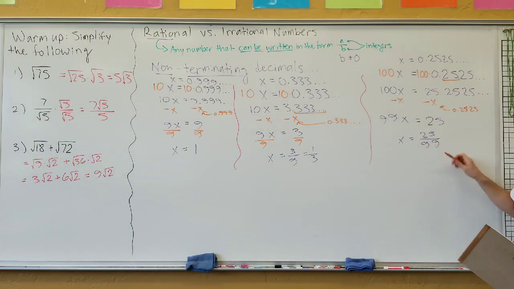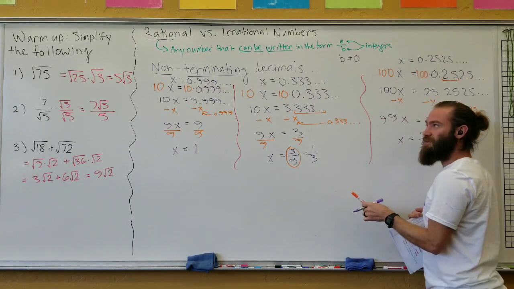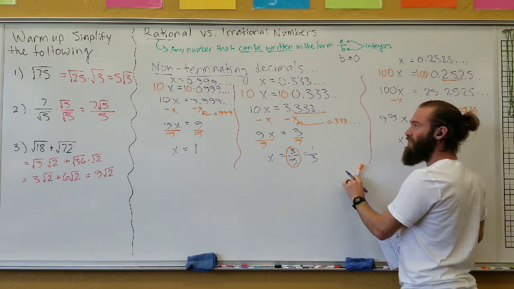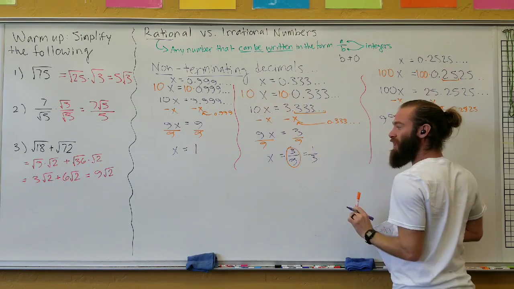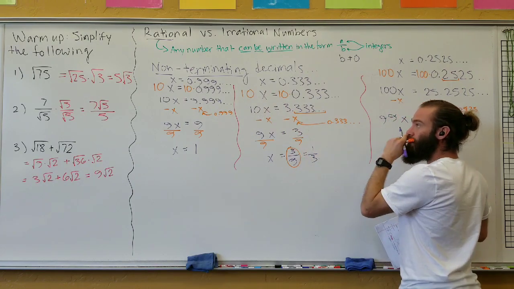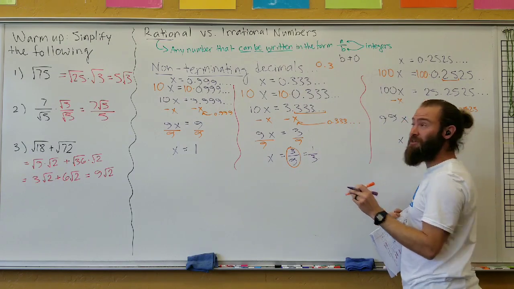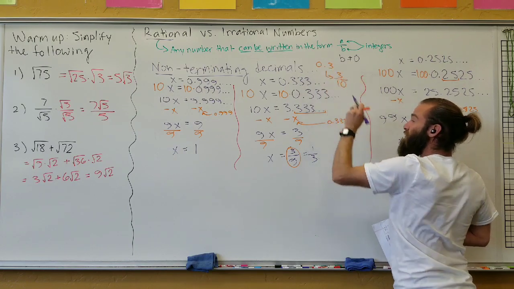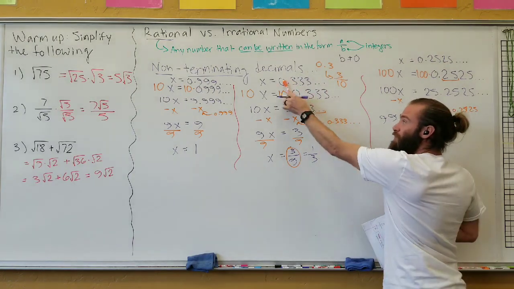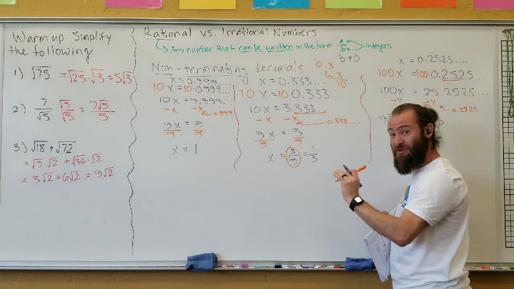And I want you to think about something here, because if we go back to the other example, we ended up multiplying by 10 in this one to make this work out for me. And you probably realize, if I just had 0.3 and it didn't repeat forever, that's the same as 3/10, right? 0.3 repeating forever became 3/9. You see, 3/9 is really close to 3/10.